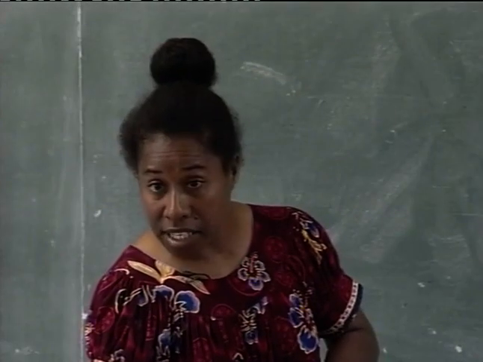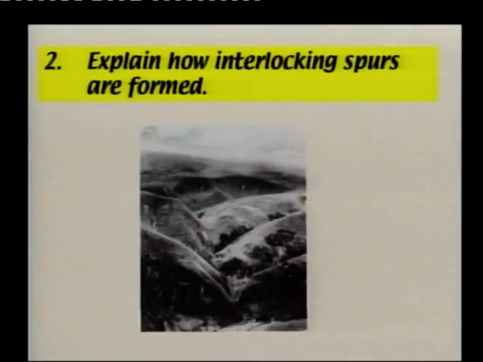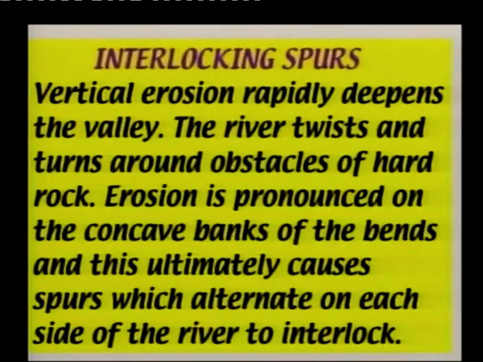Okay, the second activity, you were supposed to explain how interlocking spurs are formed. There was no need for you to construct a diagram. All you had to do was write an explanation of the formation of interlocking spurs. You check. Your explanation should have information similar to what I'm going to go through now. Vertical erosion, very important, rapidly deepens the valley.